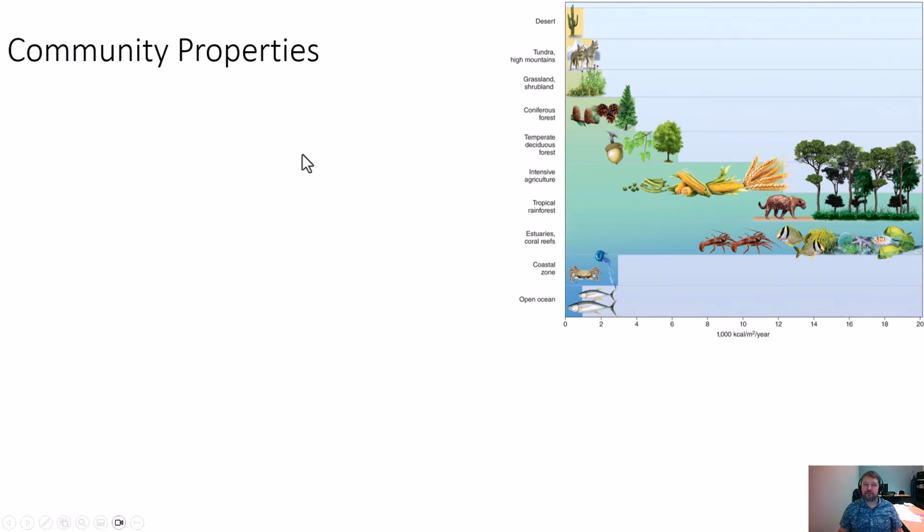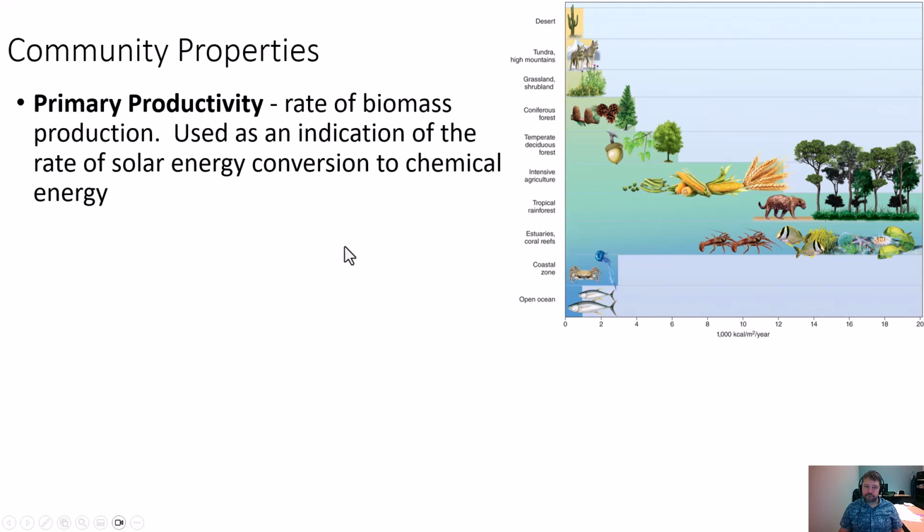Okay? And that community property kind of gets at biodiversity from a point of view of like what ecosystems represent the most biodiversity. Okay? Often we have to look at this from a primary productivity range. Okay?